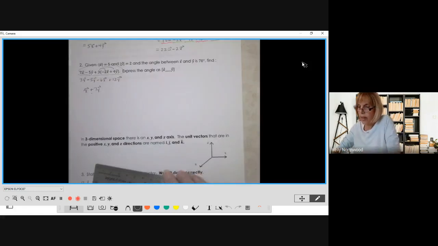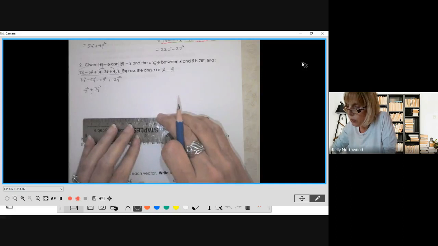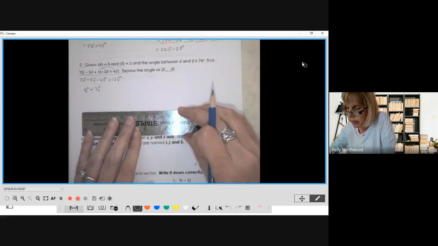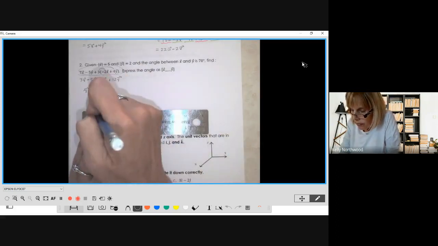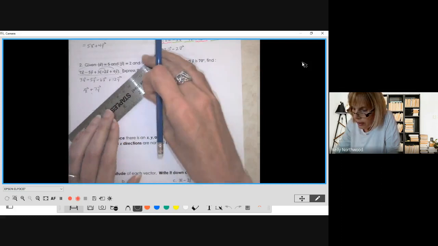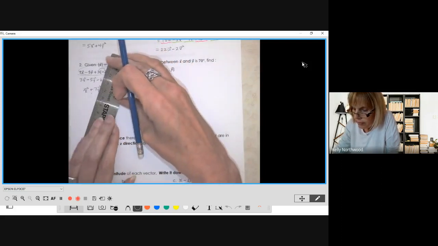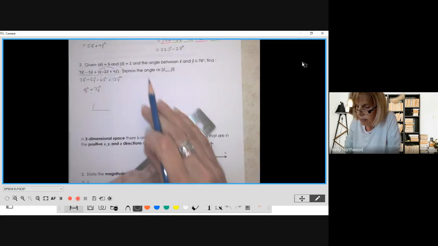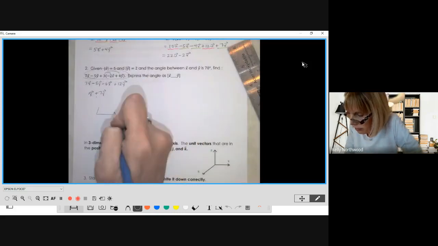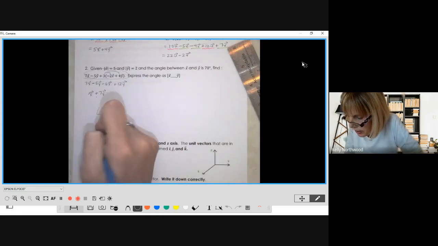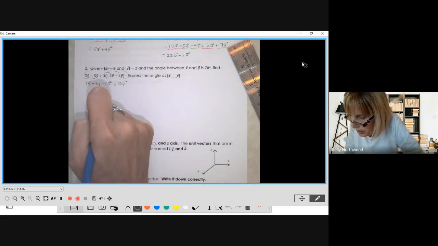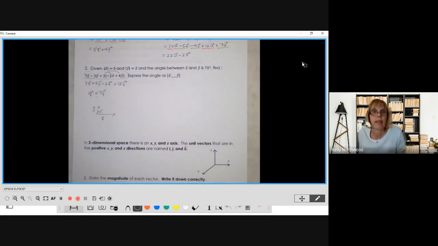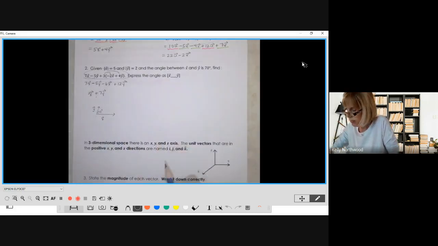So vector x is 5 and vector y is 2 in their magnitudes, and they're 70 degrees apart. So I'm going to draw my initial diagram now. Here's my 5, and here's my 2 at 70 degrees. So this is vector x, and this is vector y. And initially they're 70 degrees tail to tail. Now I want to take vector x and add 7 vector y's.